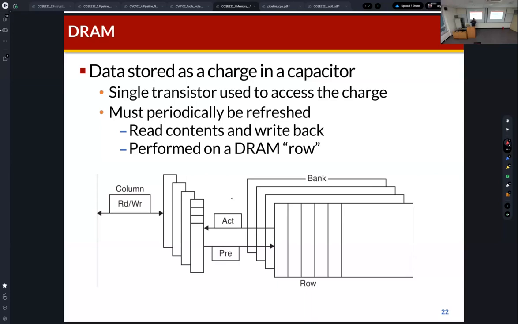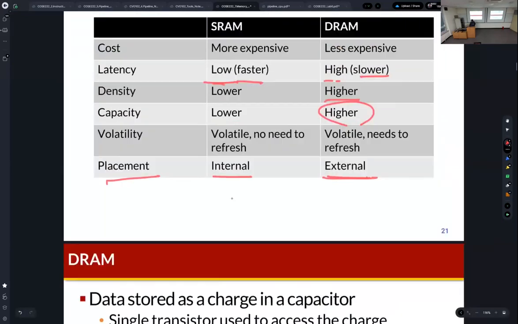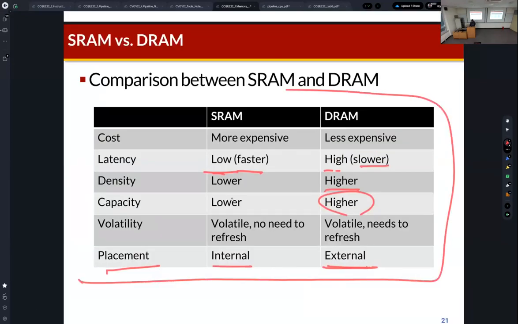Actually, DRAM is a very complicated device with a very complex structure. In this course, I will not explain the structure of the DRAM, but you just remember this part.